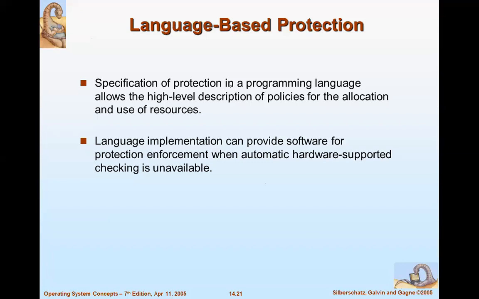Specification of protection in a programming language allows the high-level description of policies for the allocation and use of resources as well. The language implementation can provide software for protection enforcement when automatic hardware-supported checking is unavailable.